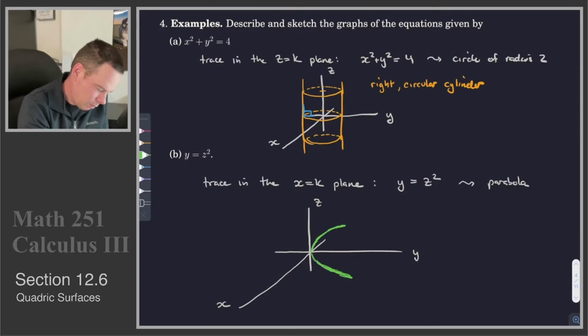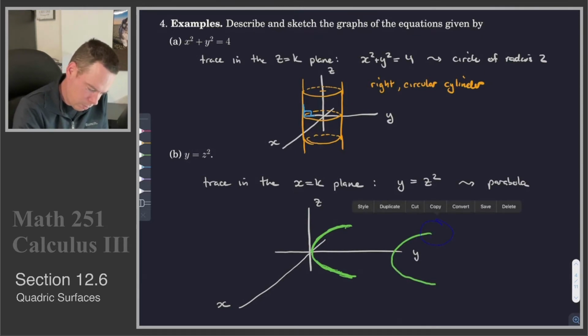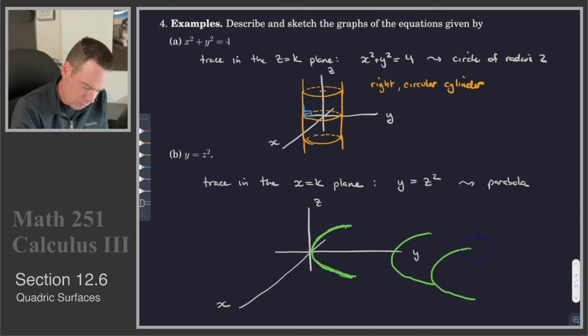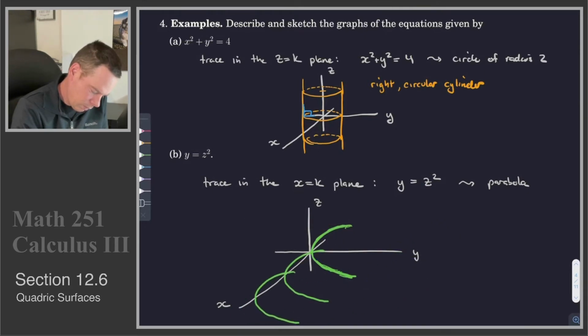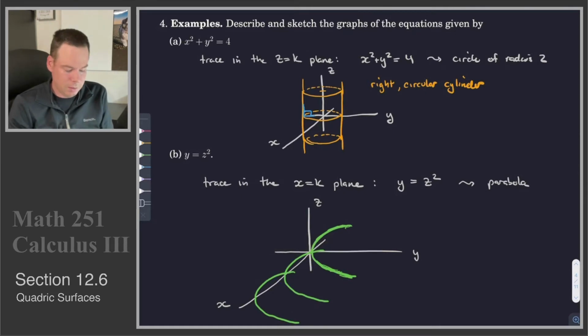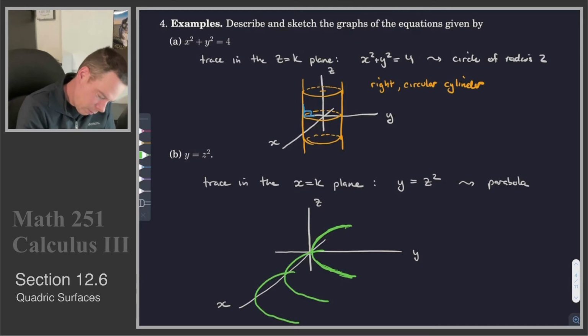I'll copy, paste, and copy and paste again. I'm dropping these curves at various points along the x-axis, because no matter how I slice my surface in a plane x equals k, it always gives me a parabola. And now I can connect these up.